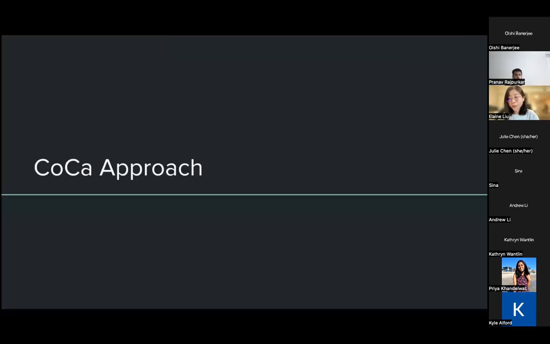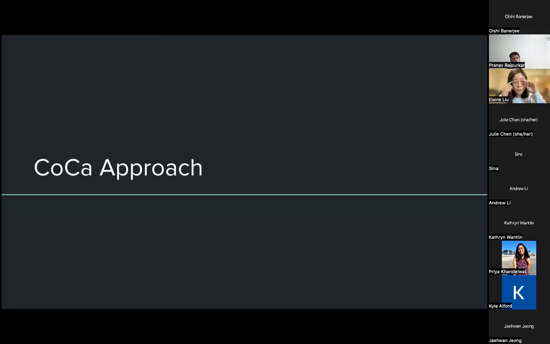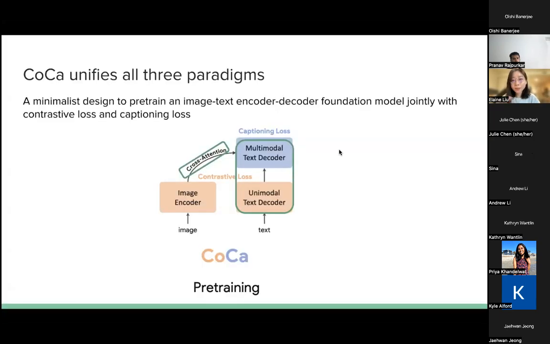And the CoCa approach combines both the contrastive approach like CLIP and the captioning approach, just like SimVLM. Basically, they propose this minimalistic design to pre-train the image-text encoder-decoder foundation model with both the contrastive loss and the captioning loss that we were looking at.